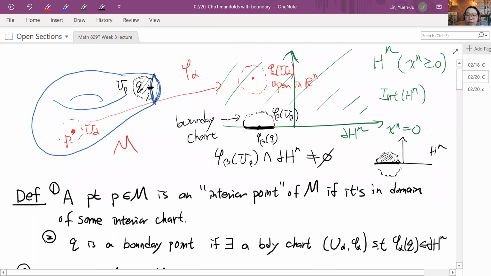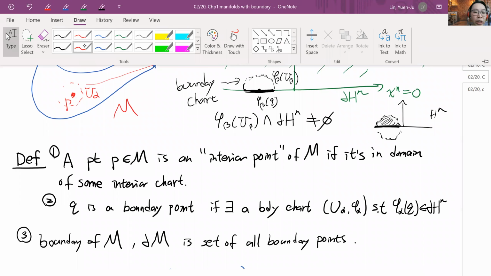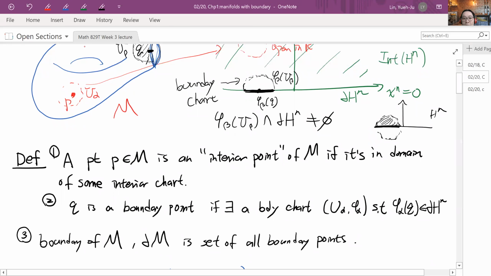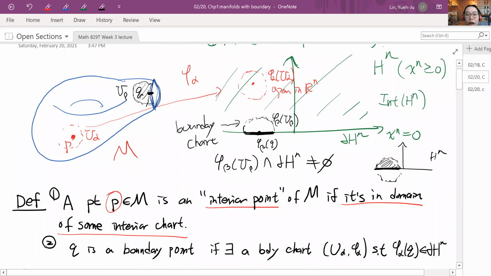Last time we stopped where we want to make rigorous the notions of interior point and boundary point. We say a point P in the manifold is an interior point if it's in the domain of some interior chart. This is exactly the picture I just drew: if your open set gets mapped to the usual open set in Rn, this is what we call an interior chart.